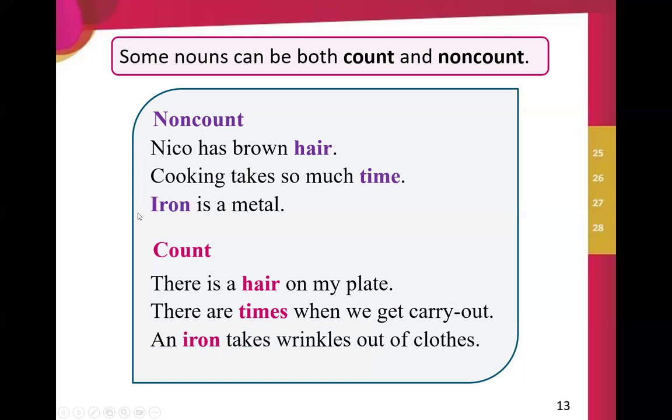Iron also means a metal. The metal iron is a metal, okay. It's an uncountable noun, so it's solid. But an iron takes wrinkles out of clothes. An iron means the machine that takes wrinkles out of clothes.